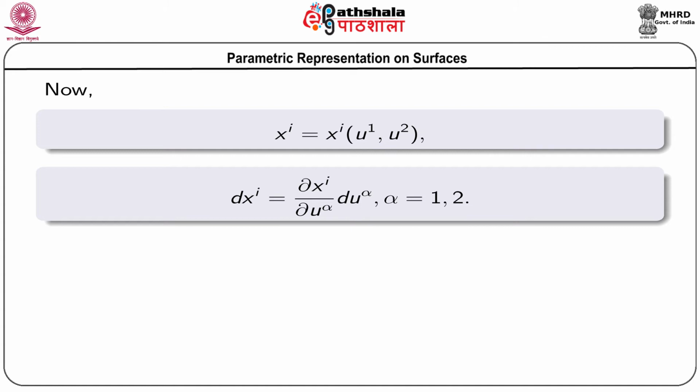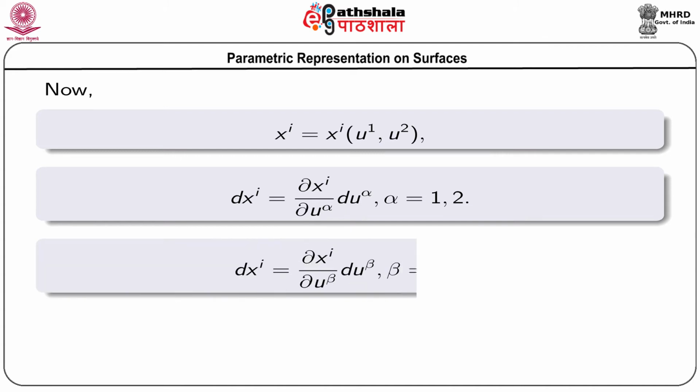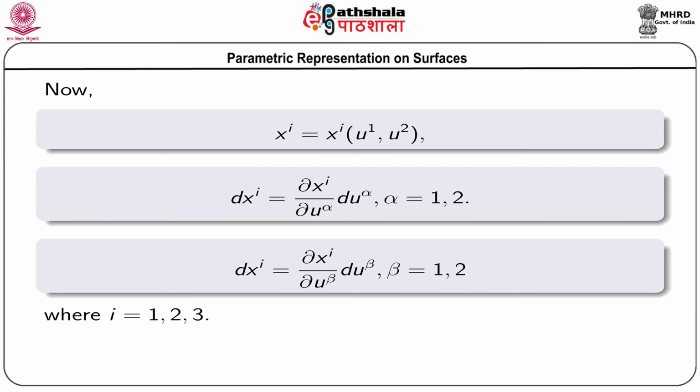This alpha is called the surface index. And again dxi can also be expressed as del xi del u beta du beta, where i is 1, 2, 3.